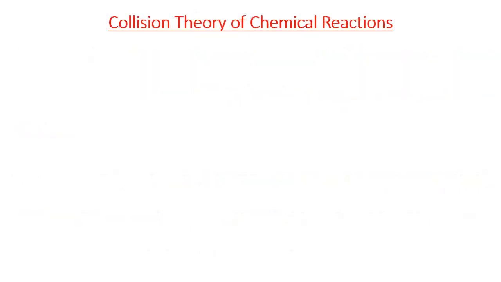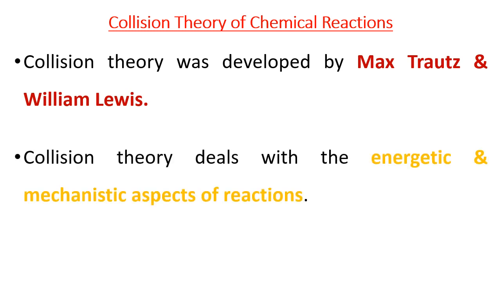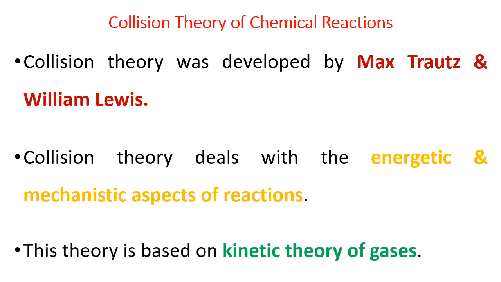Let us know about collision theory of chemical reactions. Collision theory was developed by Max Trautz and William Lewis. Collision theory deals with the energetic and mechanistic aspects of chemical reactions. This theory is based on the kinetic theory of gases.